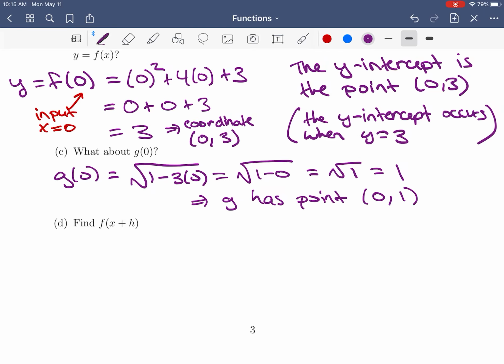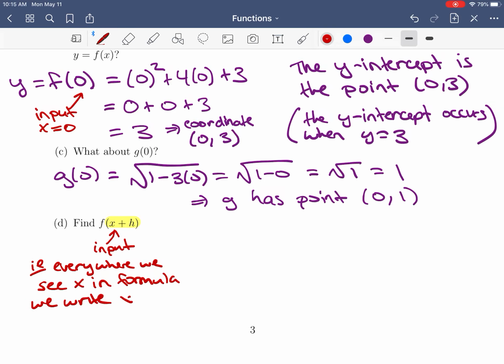Okay, lastly, what if I wanted f of x plus h? That means that my input is actually x plus h. So just like we did with 0, everywhere we see x in the formula, we write x plus h instead.